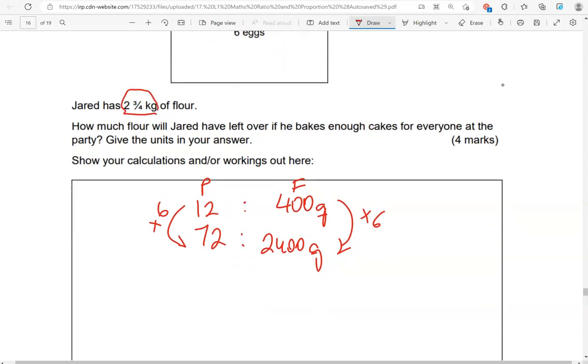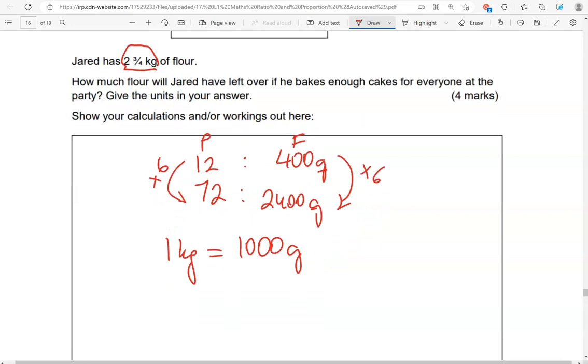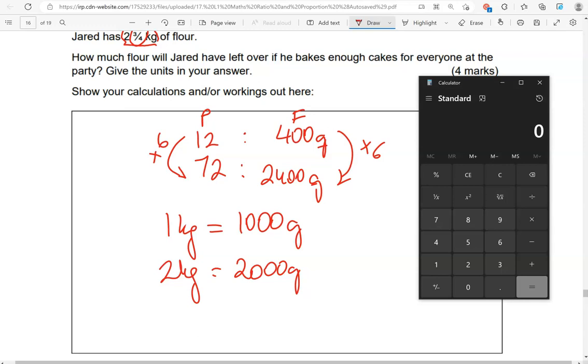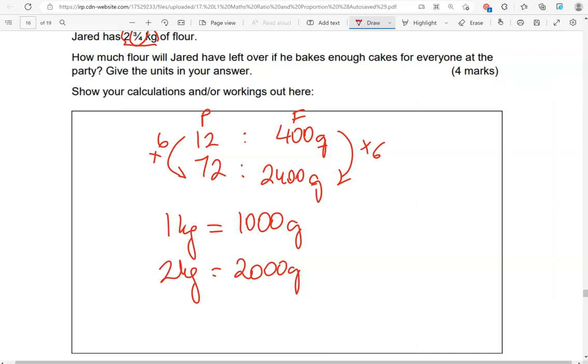How does that compare to 2 3/4 kilograms? So in 1 kilogram there are 1,000 grams. So 2 kilograms will be 2,000 grams, and 3/4. 3/4 of 1,000, what is that? 1,000 divided by 4 times 3 gives us 750.